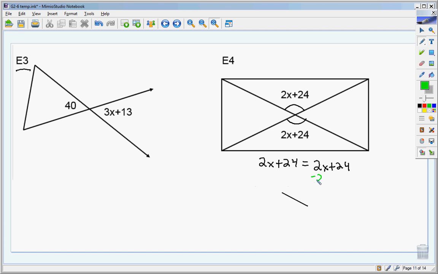So if I subtract 2x from both sides, I end up with 24 equals 24. Is there an x left in my equation? No. So there's only one of two possibilities when the x completely drops out. There's either no solution or it's all real numbers. Because this is true, 24 is equal to 24, this one would be all real numbers.